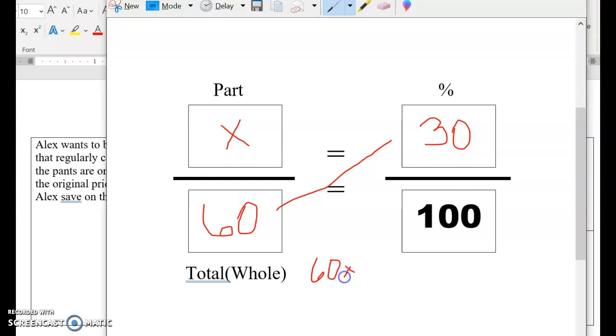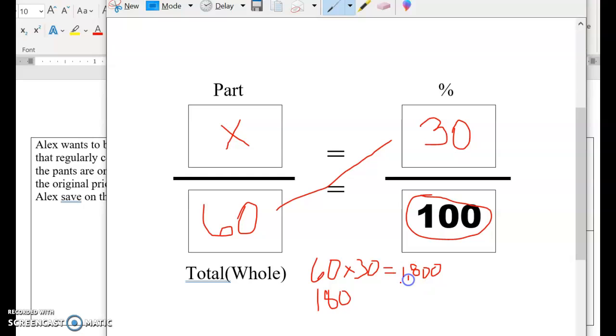So if I do 60 times 30, and again, if you do not know, use a calculator. But because I know my zeros rules, I can do that. And I know that that's 1,800. Now I have 100. That's the number that's left over in the proportion that I did not do anything with.